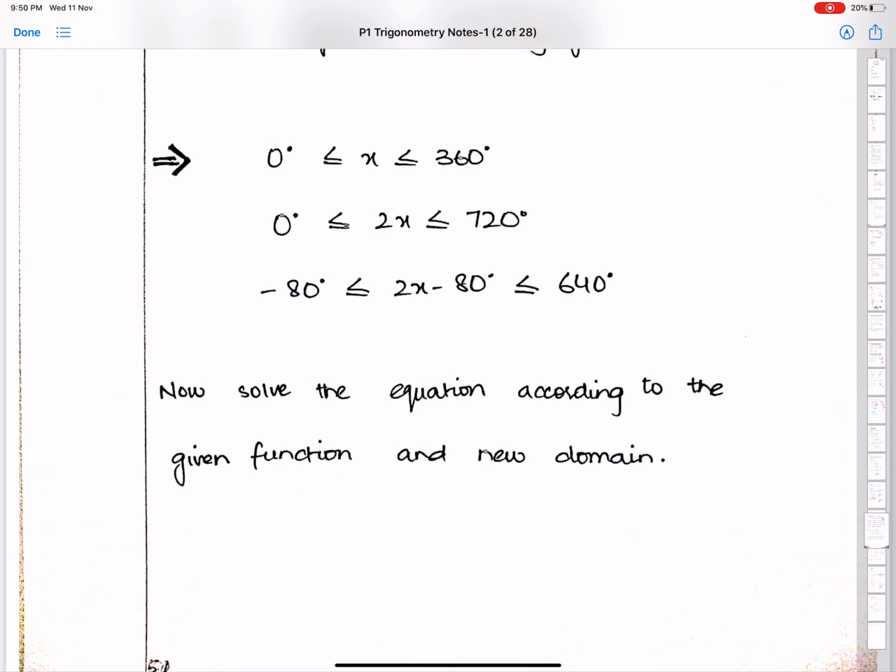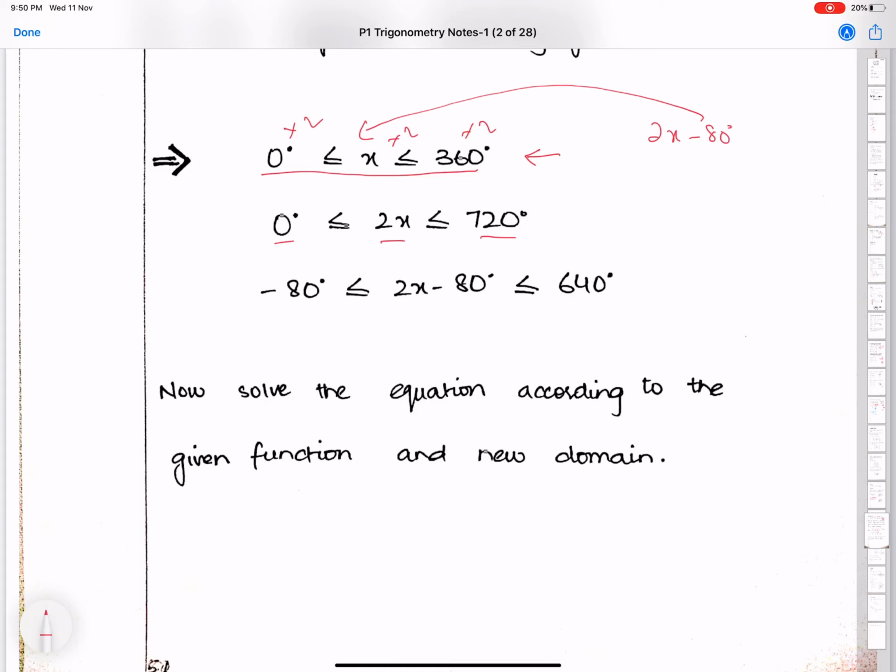This is the given domain. Now we need to bring 2x minus 80 here; we basically use BODMAS. In order to bring 2x minus 80 here, we first need to multiply this inequality by 2, so this will become 0, 2x, 720.